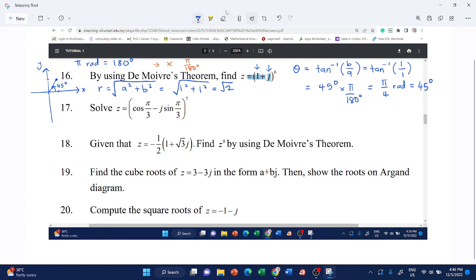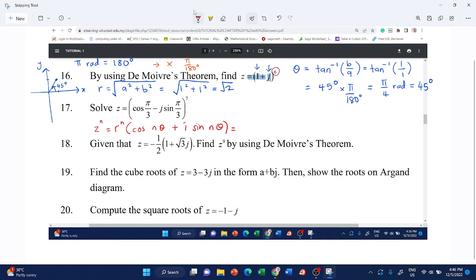Now you can see here, using De Moivre's theorem, we can use this part. Our n is 6.